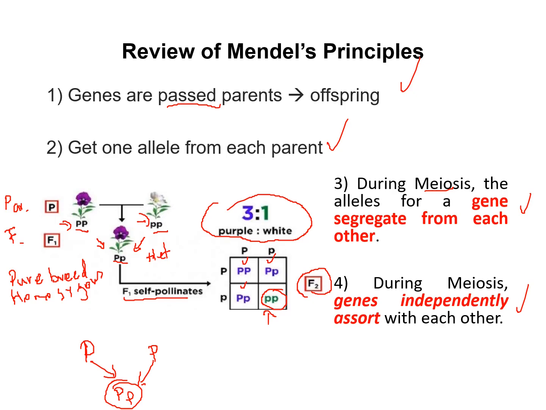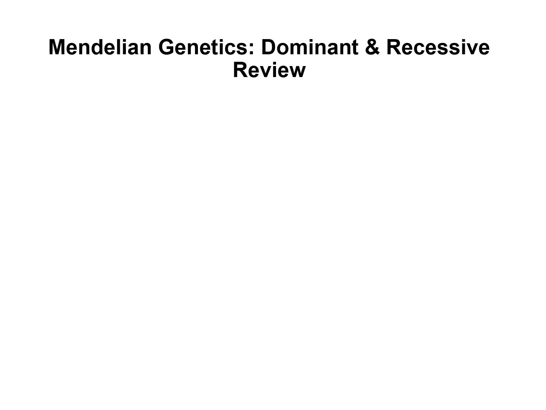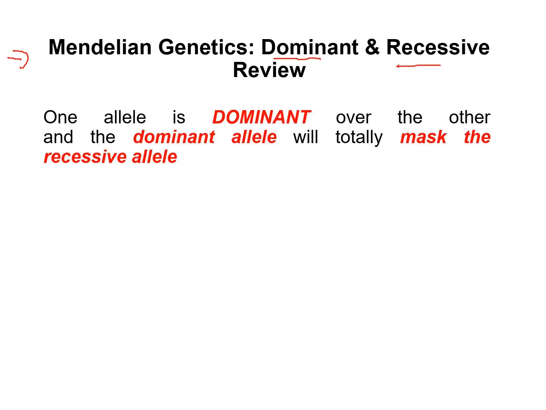Another concept that we studied about Mendelian inheritance is that there is a trait that is dominant and the other one recessive. The allele that is dominant masks the recessive allele.